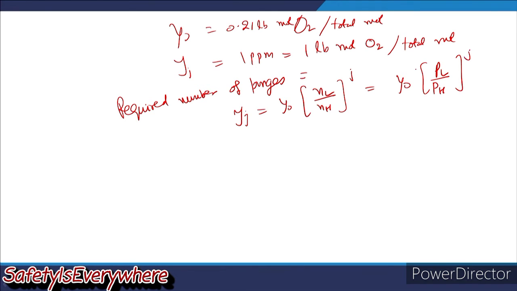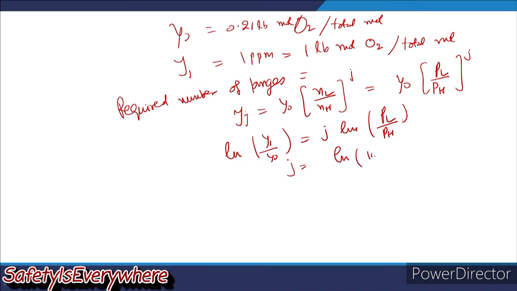So, ln Yj upon Y naught is j ln PL upon PH. So, j is equal to ln of 10 to the power minus 6 upon 0.21 divided by ln 15 upon 760.